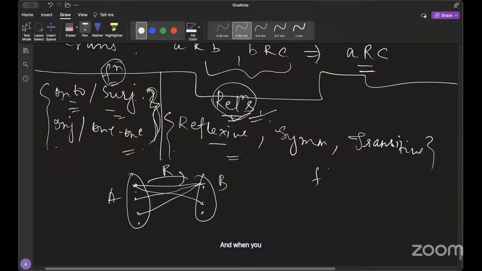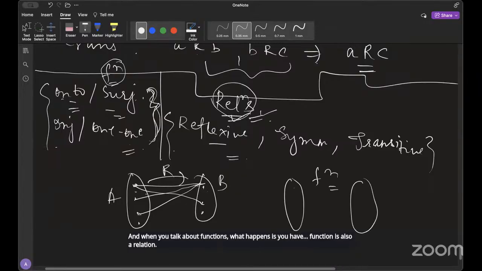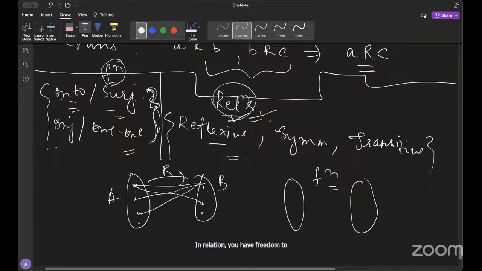And when you talk about functions, a function is also a relation. In a relation, you have freedom to choose how many images to assign to a given element. If you have to assign an image to an element or not, you have freedom there. You can choose to not give this any image. You can do that in a relation. But in a function, if you have elements here, this is called your domain.